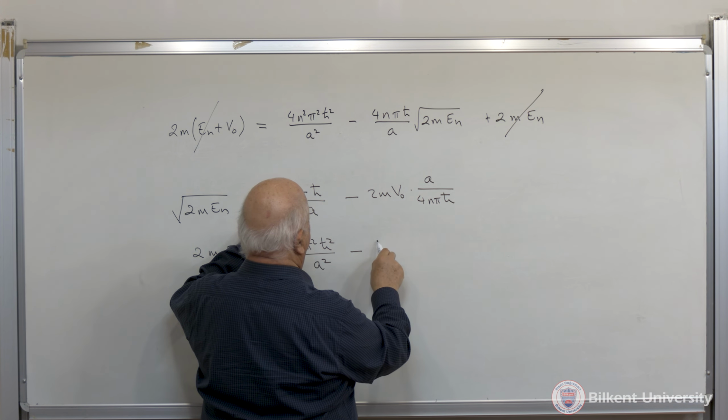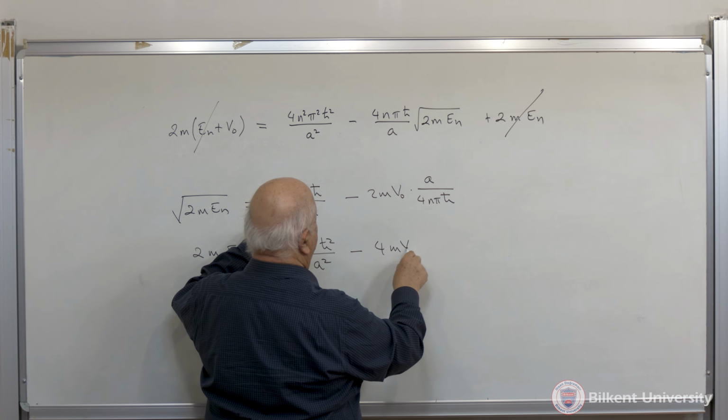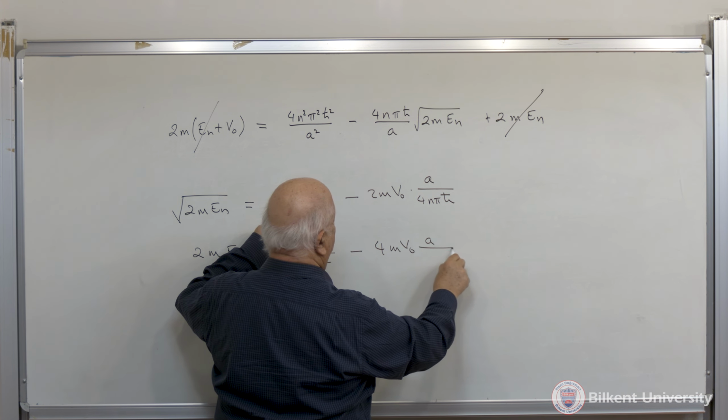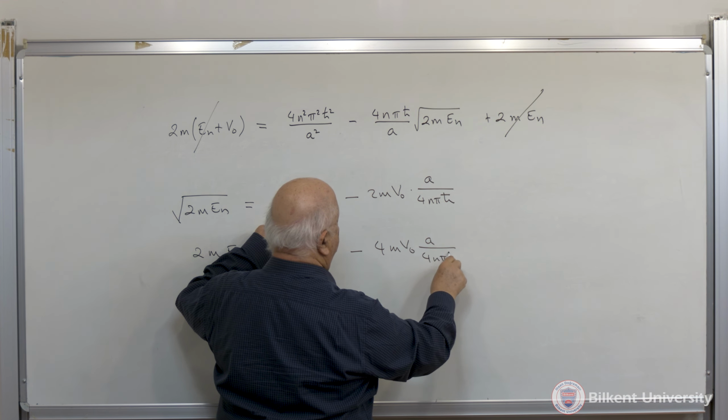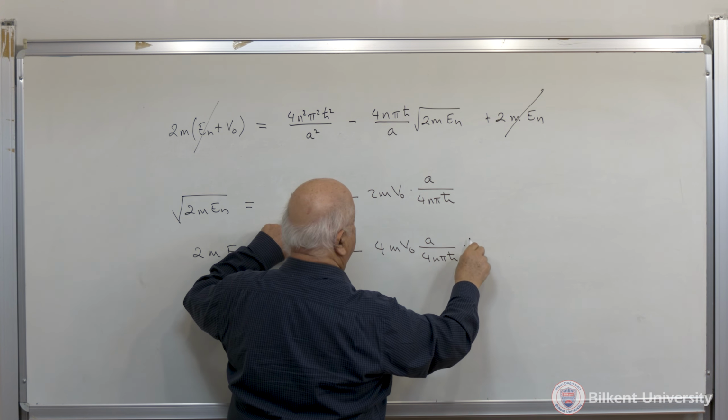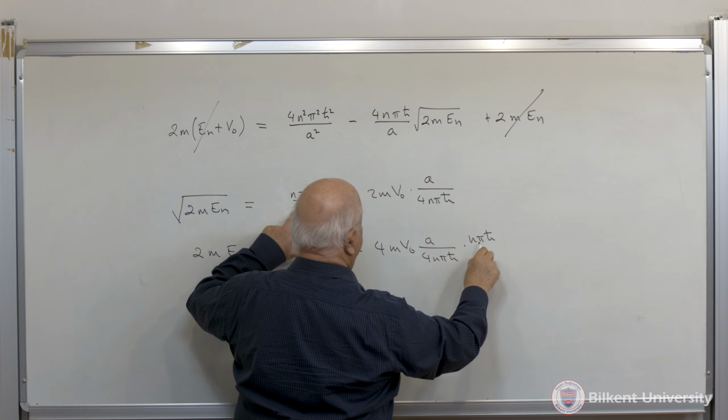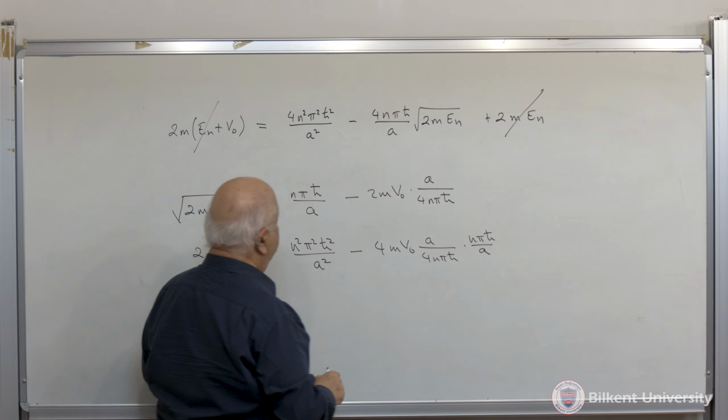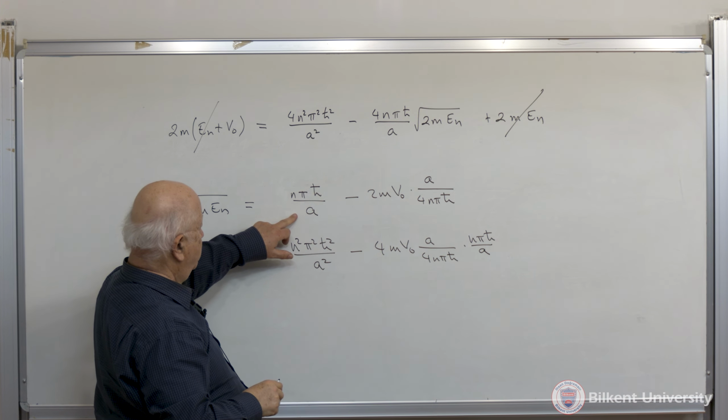So it's going to be 4m v0 a over 4n pi h bar times n pi h bar over a. Okay, that's the cross term.